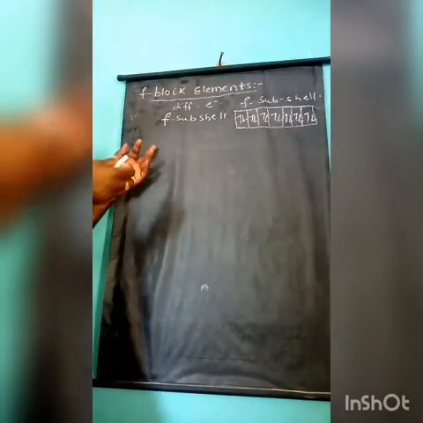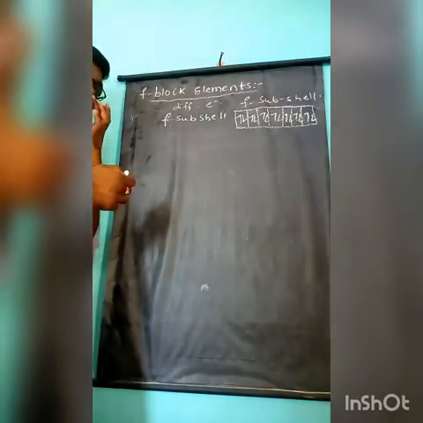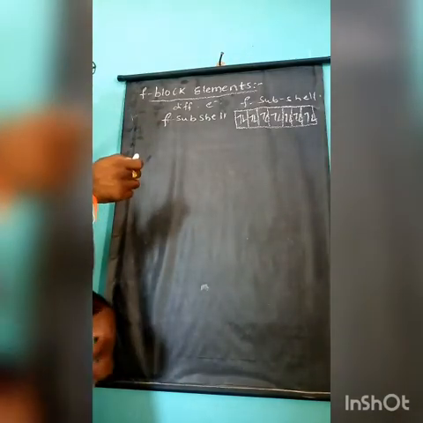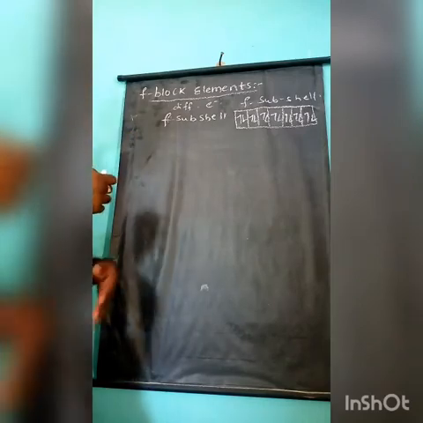The F block contains 14 plus 14, totally 28 elements.